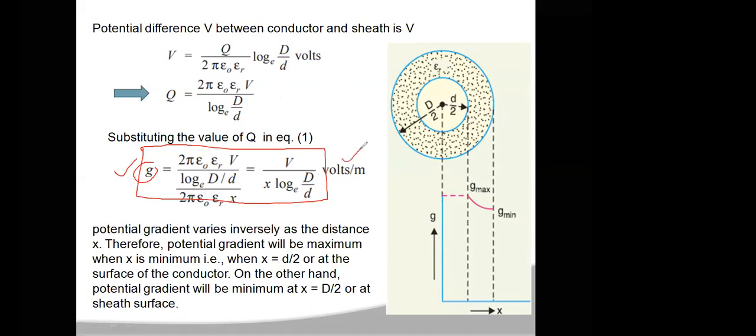From this expression you can say that this potential gradient g depends upon x, where x is the distance. Potential gradient g is inversely proportional to the distance x. So when the distance x is minimum, the potential gradient value will be maximum. When x is maximum, the g value will be minimum.